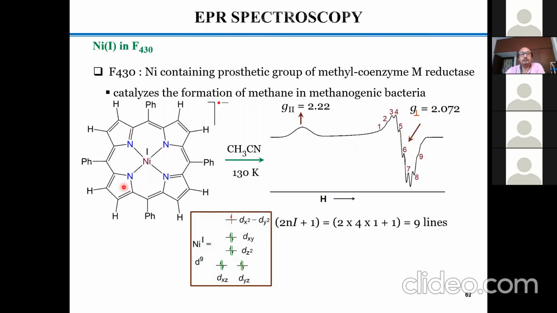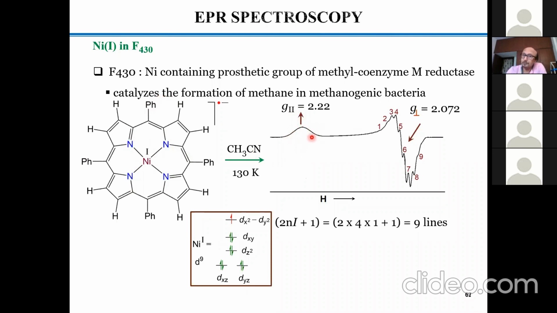Now one could argue that in a symmetric molecule like this, in the g parallel axis, there is not much splitting over here. It is nothing there, which is rather expected because if you consider the g parallel axis this way, then the impact of this nitrogen would be very, very feeble. Now one cannot rule out whether a slight interaction is there or not.